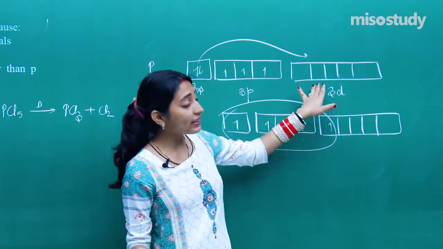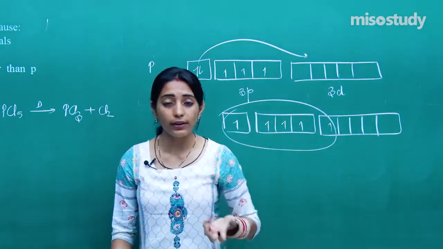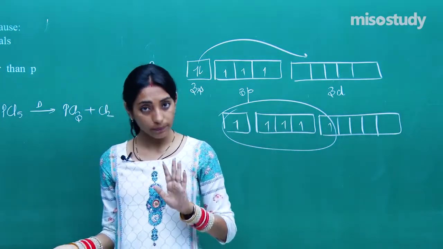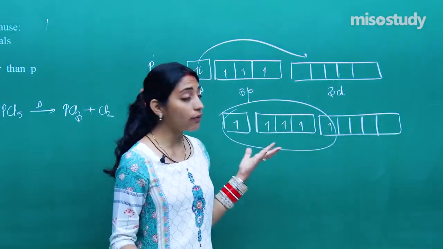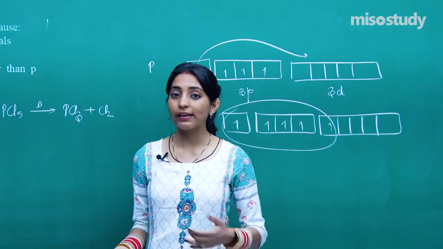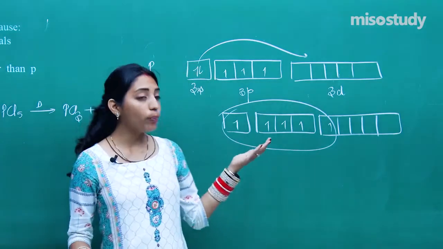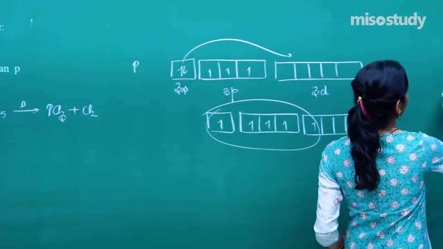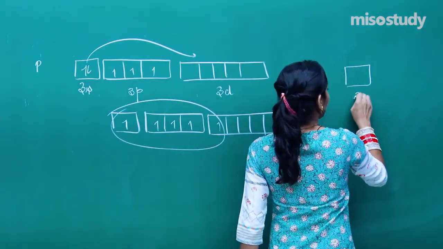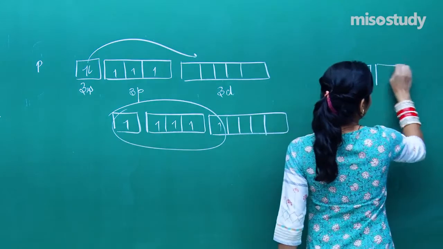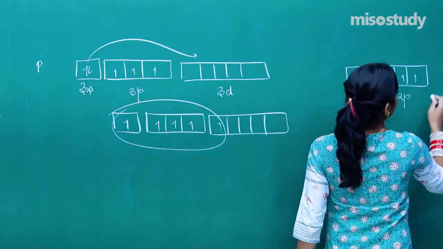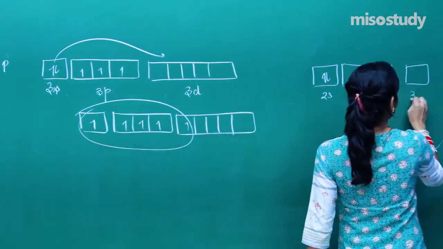That means it is basically because of the presence of vacant d orbital that phosphorus was able to do the excitation of its electron, right? And that was the reason that phosphorus could expand its octet and it can form PCl5. But when we talk about nitrogen, nitrogen is 2s2, 2p3, and then we have 3s.